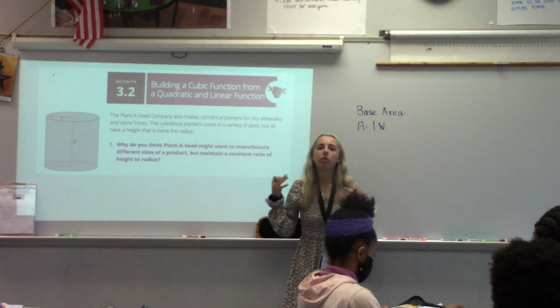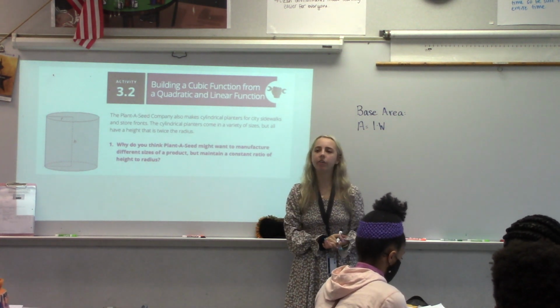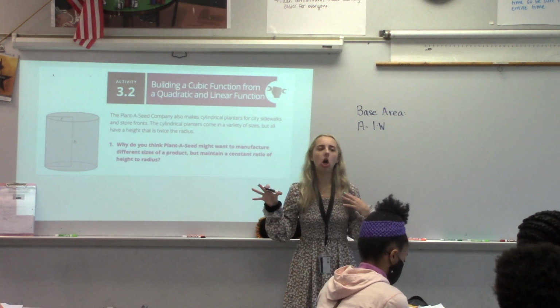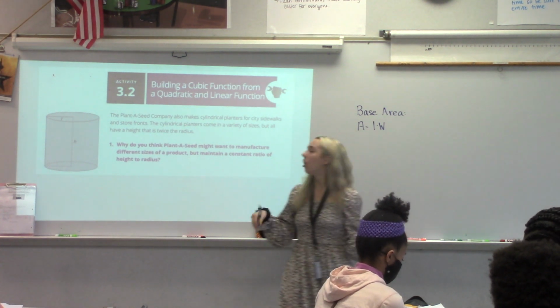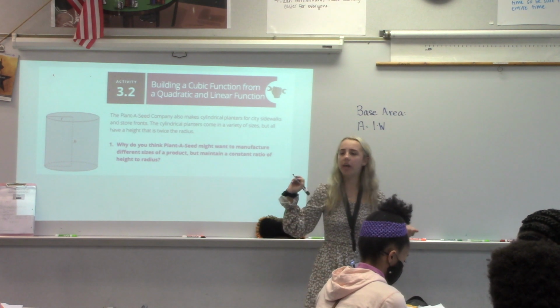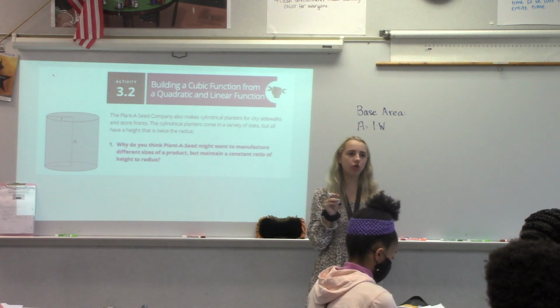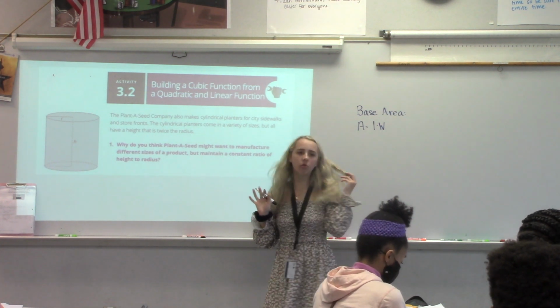In 3.1, we were given this scenario of these planter boxes. They were making rectangular planter boxes. We're still dealing with the same company, but now they make cylindrical planters too.